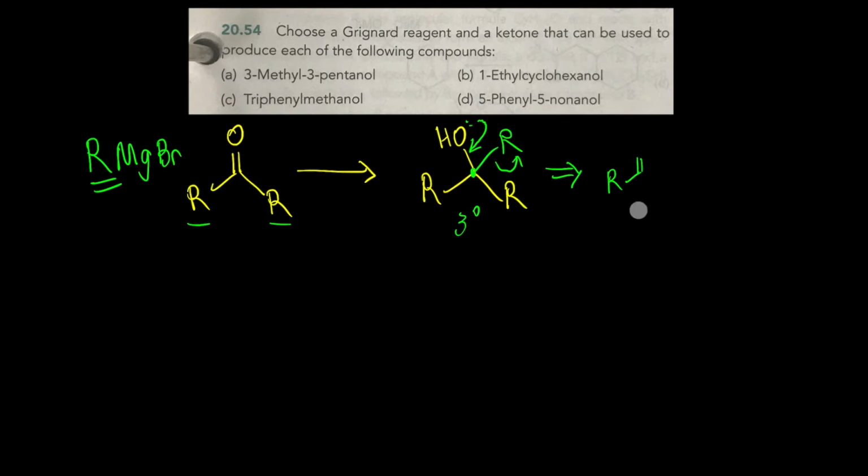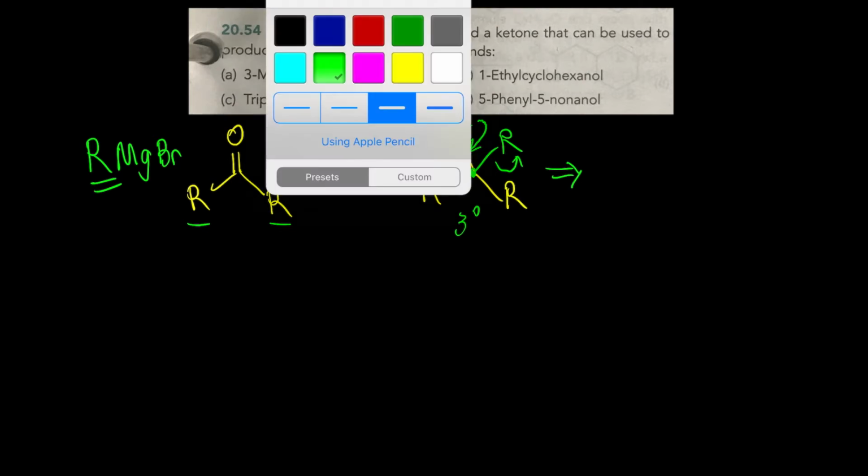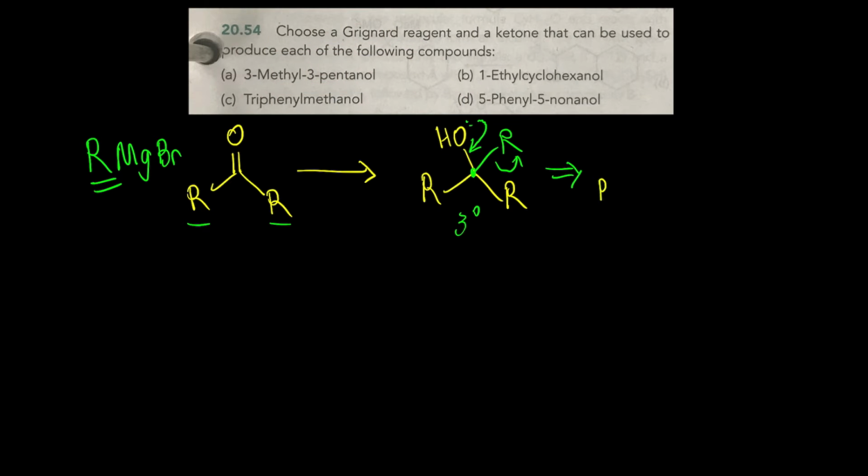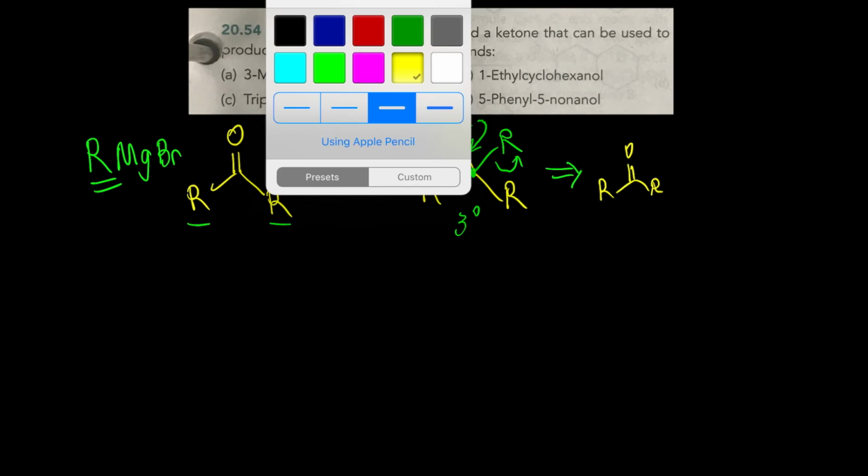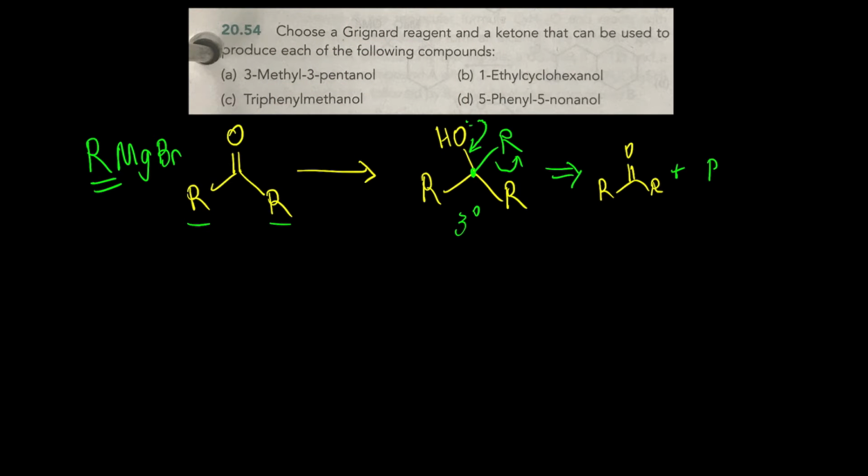This is going to take you backwards to a ketone, and R minus hanging out. Now, R minus, remember, comes from the Grignard. That's the carbanion.